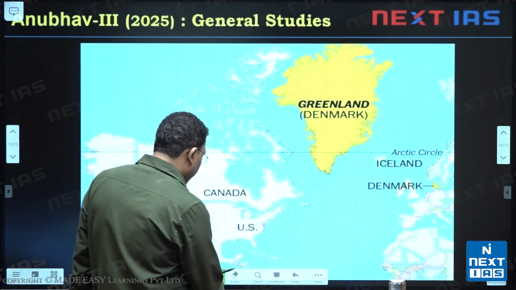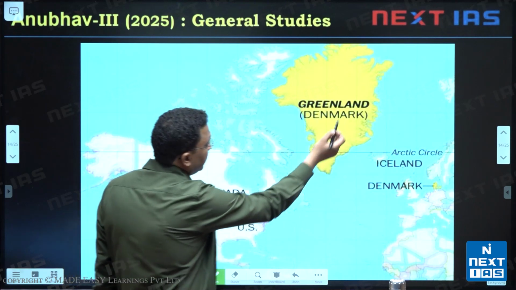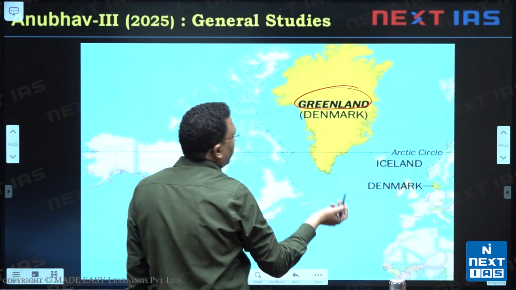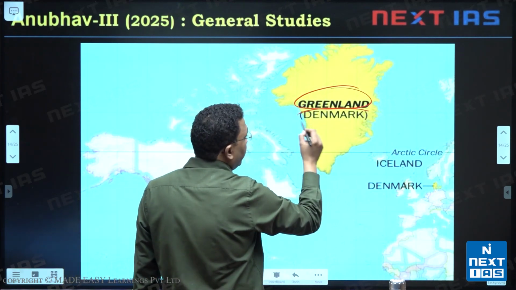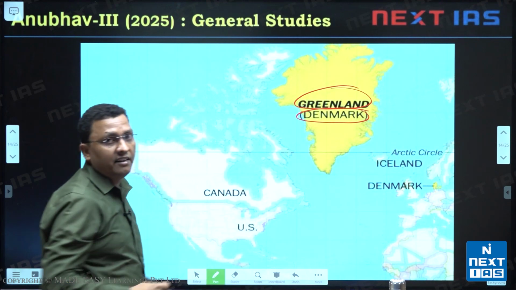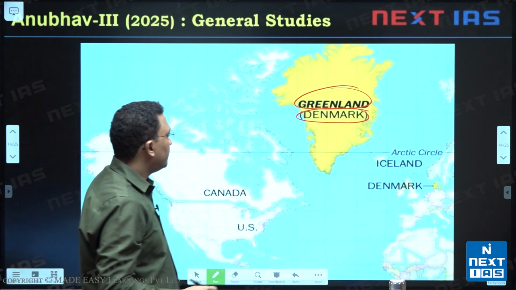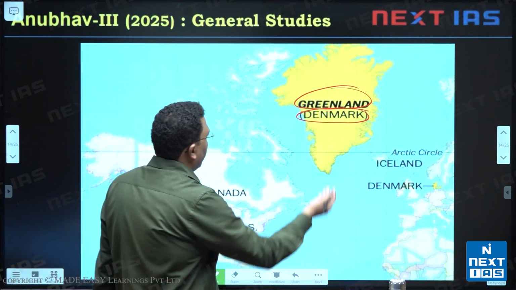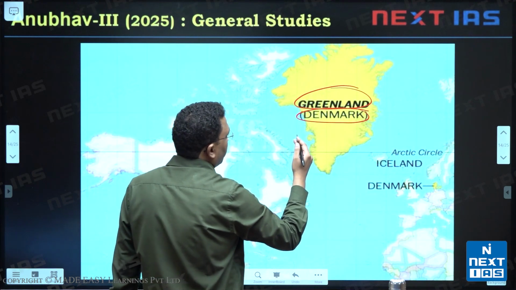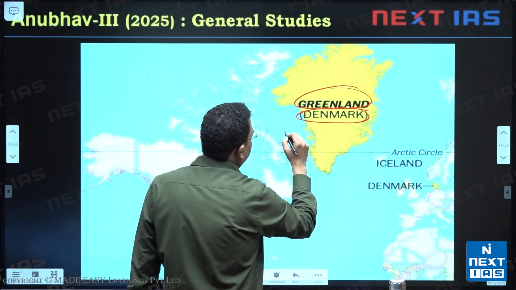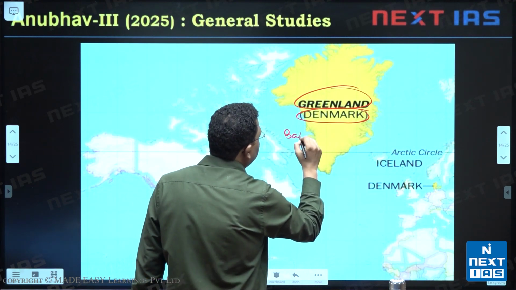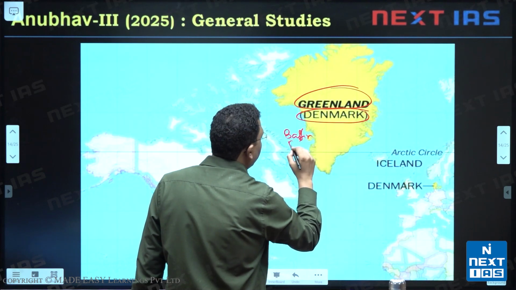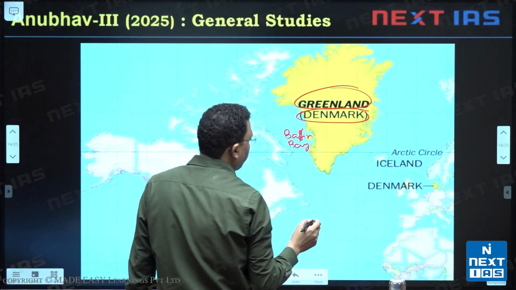This is Greenland, right? And currently it is administered by Denmark, that means it's a territory of Denmark, right? And if you see towards the west of Greenland, here this water body is known as Baffin Bay, right?